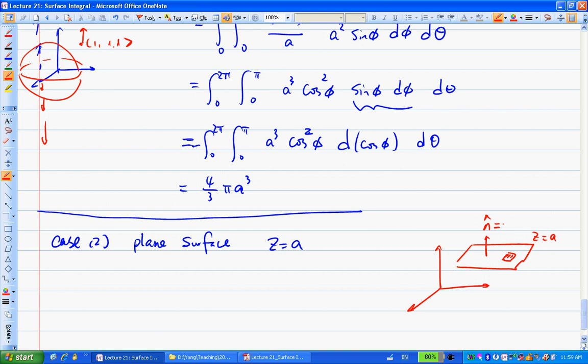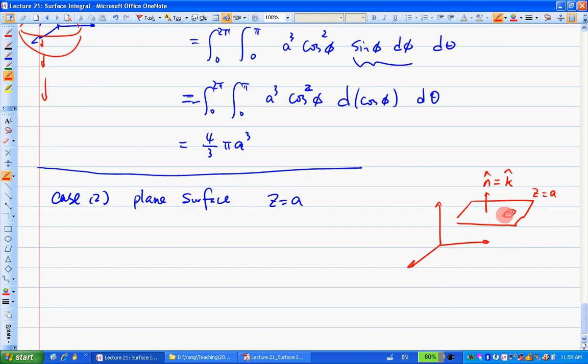What do we call the unit vector in the z direction? K, that's right, k hat. And we're looking at a dA here, a small area. Because this is parallel to the xy plane, dA must be dx dy.